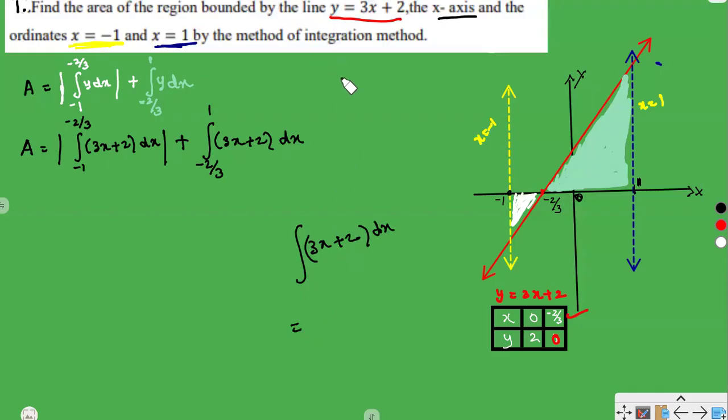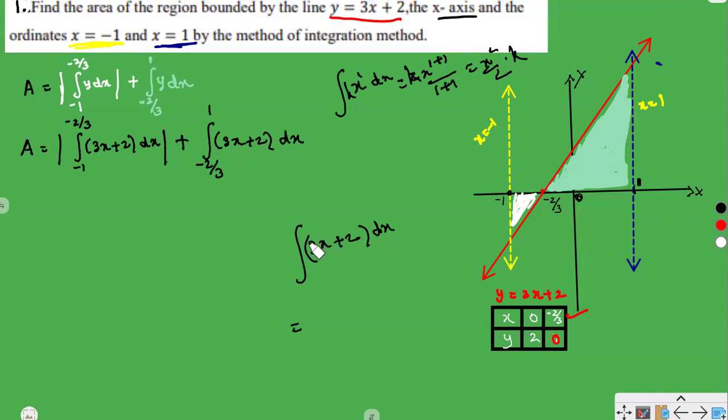If you don't remember the formula, it goes like this. If you have x, it is x power 1 plus 1 divided by 1 plus 1, x square divided by 2. And if you have a constant, we maintain the constant as it is, k into.